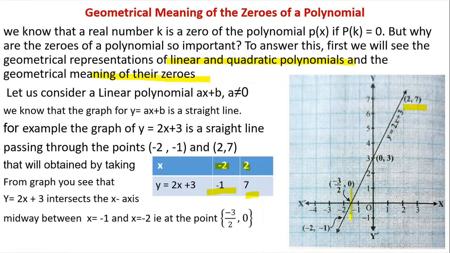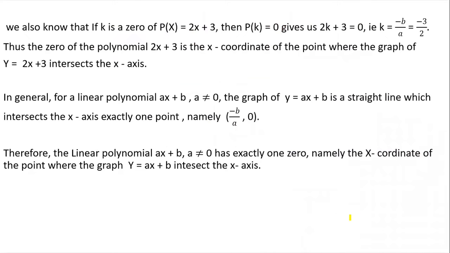The given equation is p of x is equal to 2x plus 3. If you want to find the zero, we have to find p of k and then equate it to 0. So p of k, which is equal to 2k plus 3, when equated to 0, becomes 2k plus 3 is equal to 0.